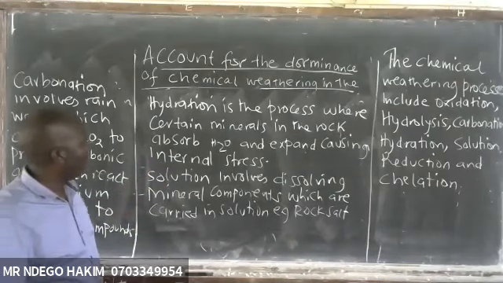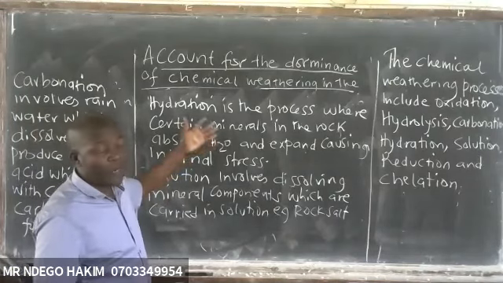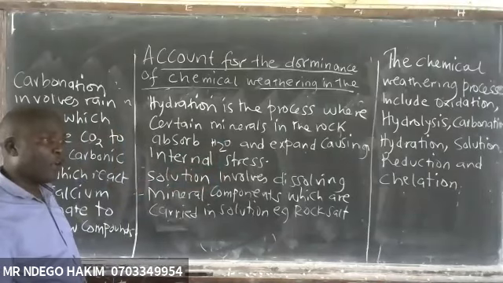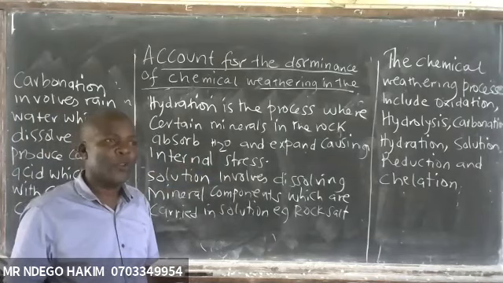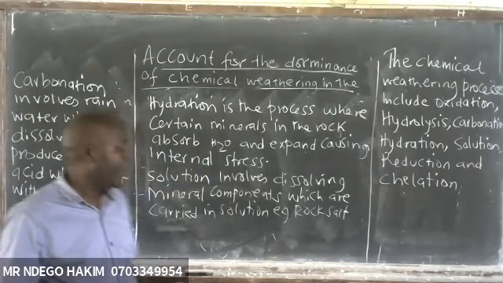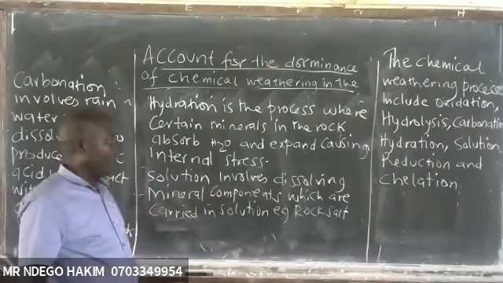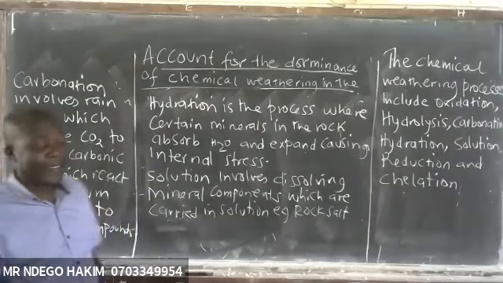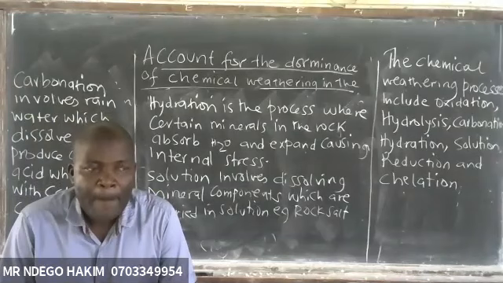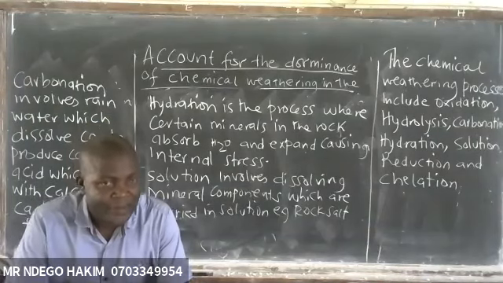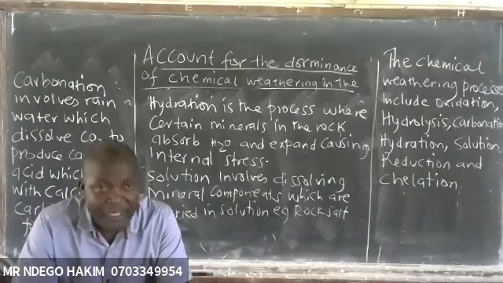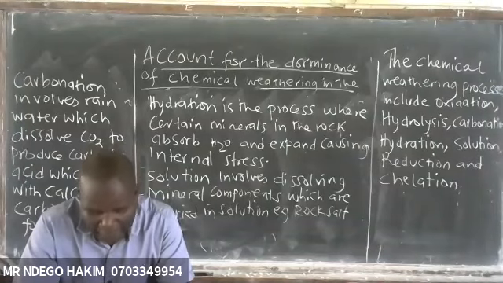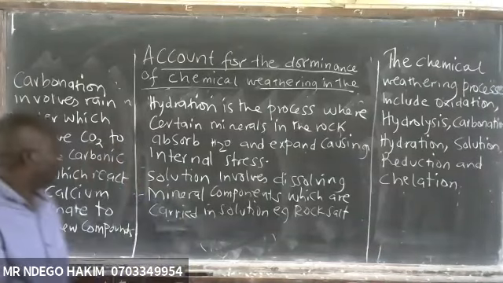Certain minerals absorb water and expand and cause internal stress of the rock, resulting in weakening of rock bonds. But solution involves dissolving mineral components which are carried in solution form, common in areas that have soluble rocks, like limestone, like rock salt. So that is solution.